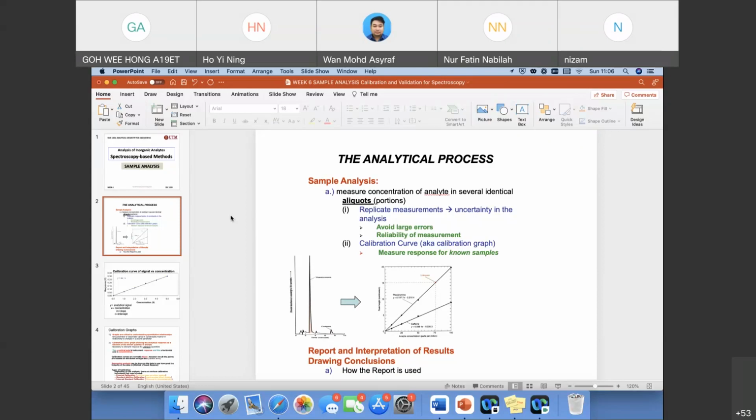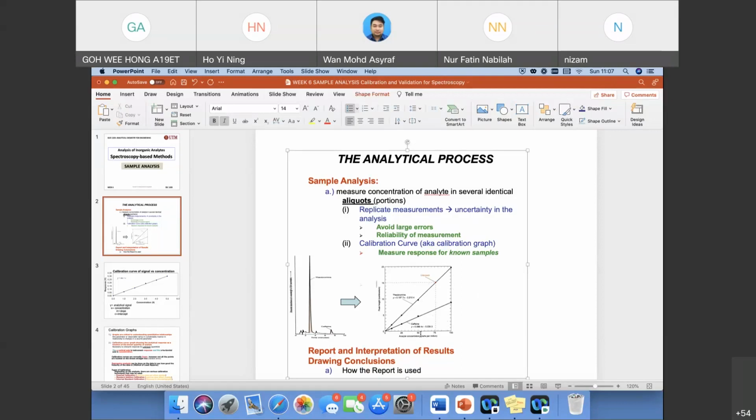The second thing, when you do your sample analysis, we need to have a calibration curve. Okay, what does it mean by a calibration curve? Or we call it a calibration graph. Calibration curve means that you measure the response of your known sample. Known samples means samples whose concentration you know. Let's see this graph. This graph is an example of a calibration curve.